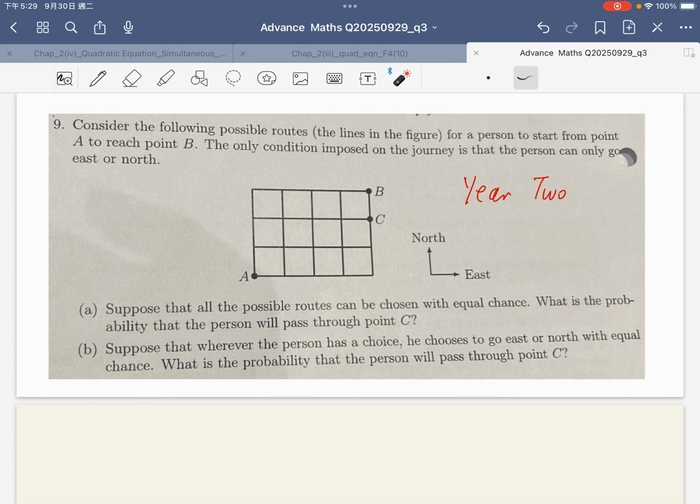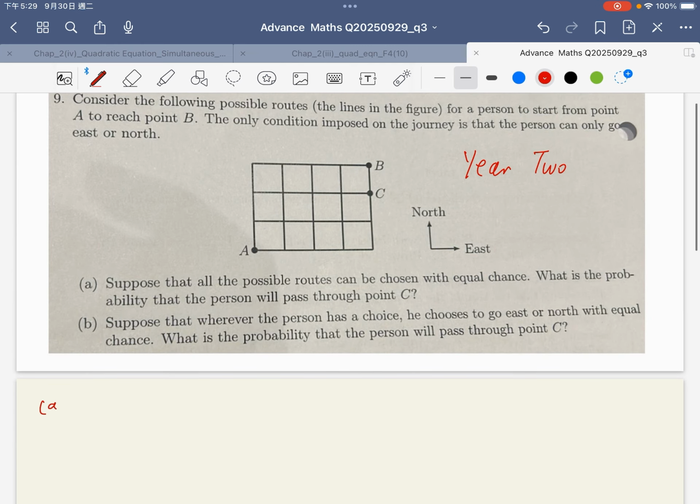Okay, that is by the definition of probability. If the person chooses a way of going from A to B, how can he or she pass through C?